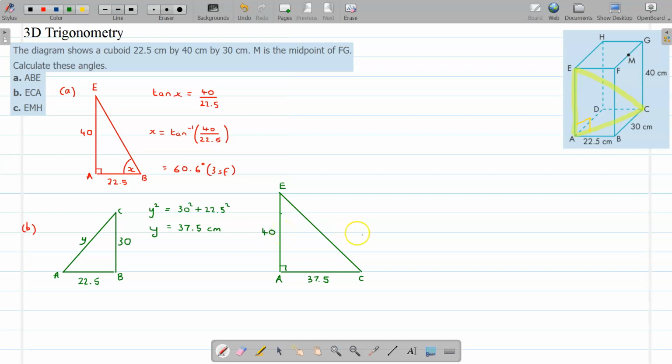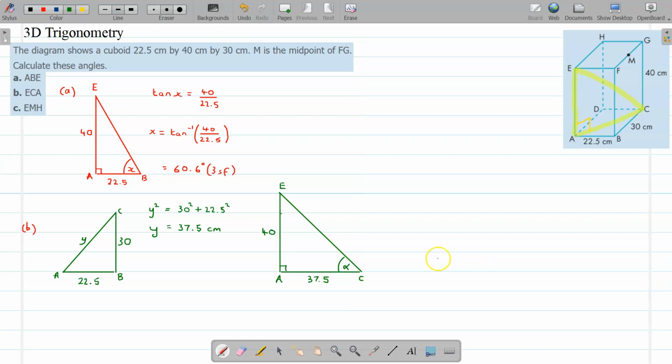So I can now use this triangle, which is the one I've sketched here in yellow, looking at it face on, and I can work out the angle I need, which is the angle ECA. I'm looking for this angle here, and I'm just going to call this angle alpha.